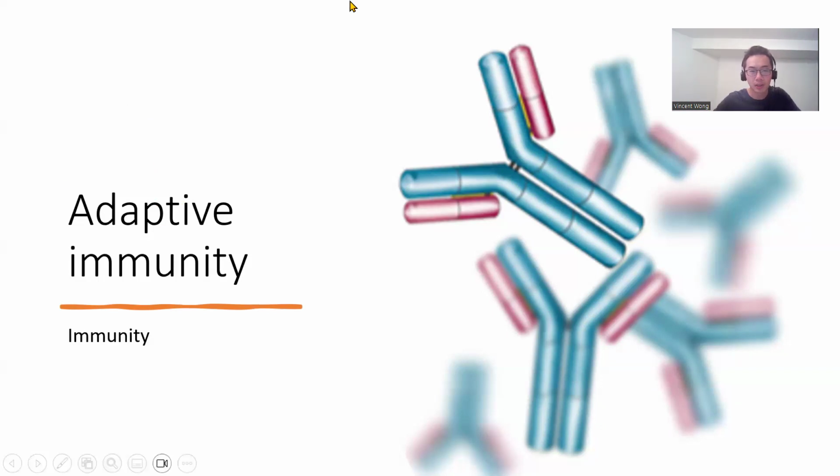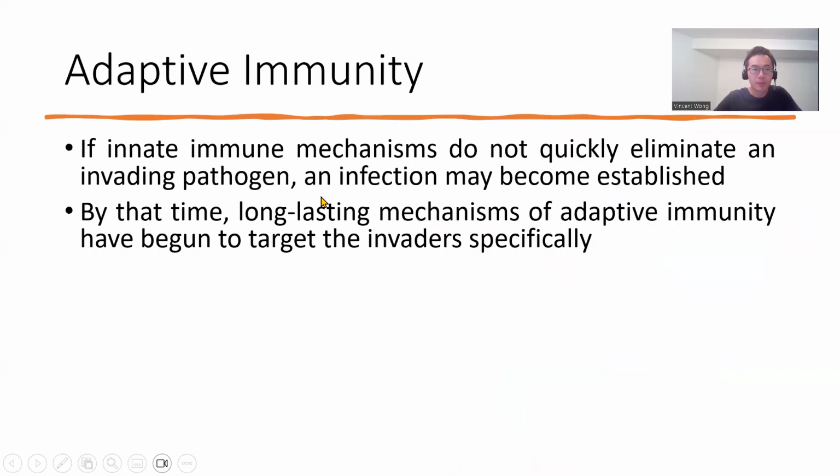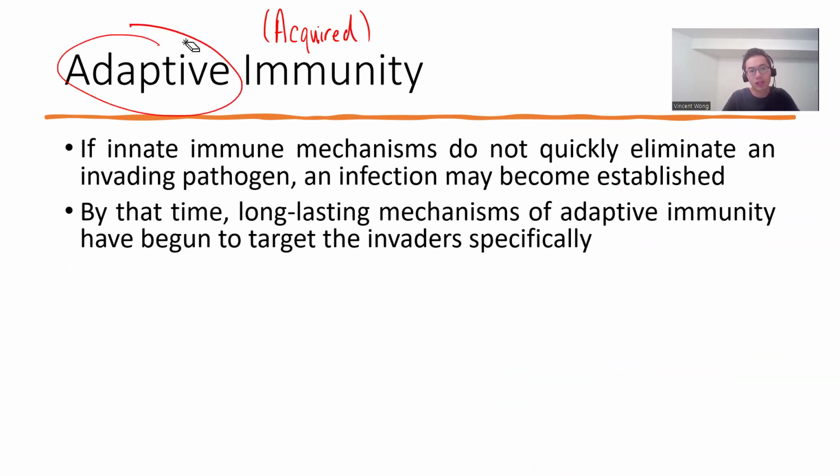Okay, so let's take a closer look at what adaptive immunity is. Adaptive immunity, also known as acquired immunity, not only changes over the course of your lifetime, but you are also not born with it.